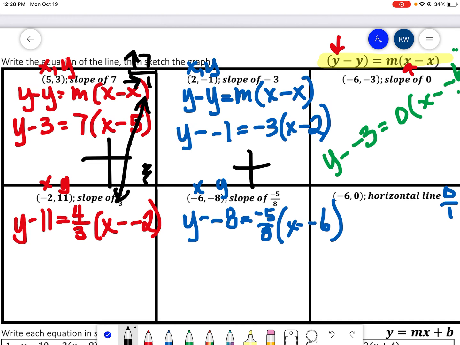So to the right 2, down 1, and a slope of -3, that means we are going to go down 3 to the right 1. And -6, -3, and a slope of 0 is going to be a horizontal line.